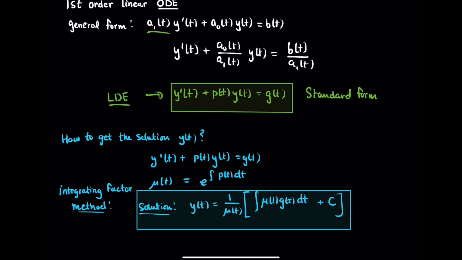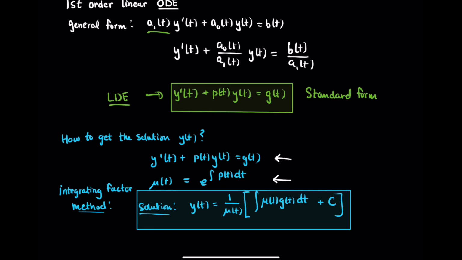Okay. Yeah, and now that we have our solution, this is how you solve it, right? So you're gonna first bring the differential equation into this form right here, right? Where the coefficient of y'(t) is just 1. And then you are going to get an integrating factor, which is going to be done using this.